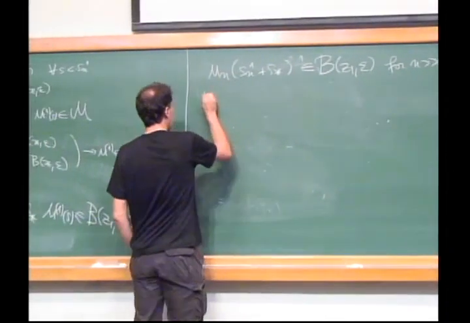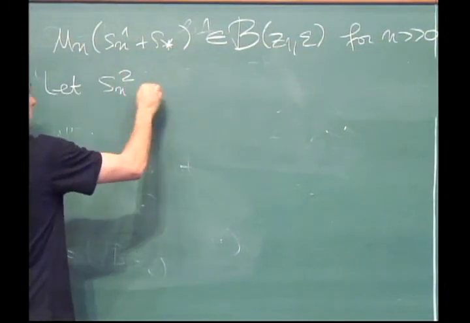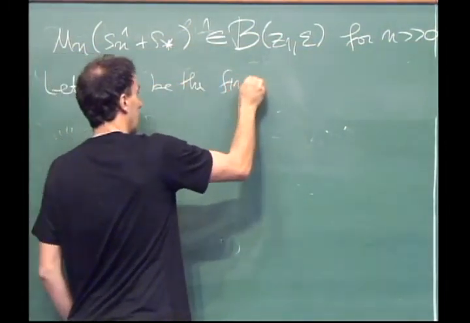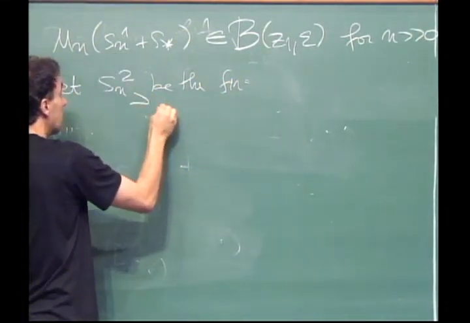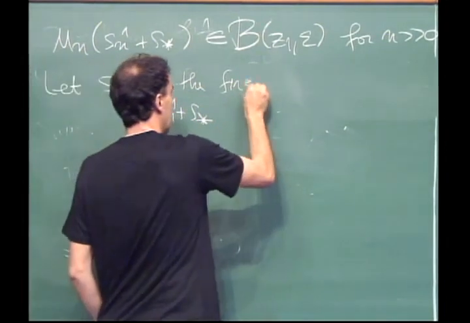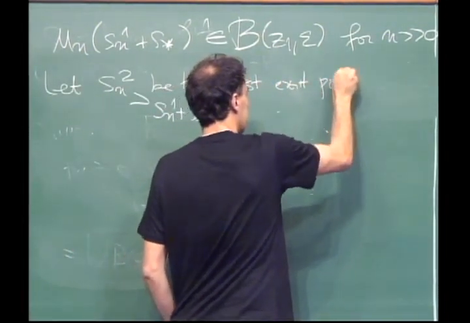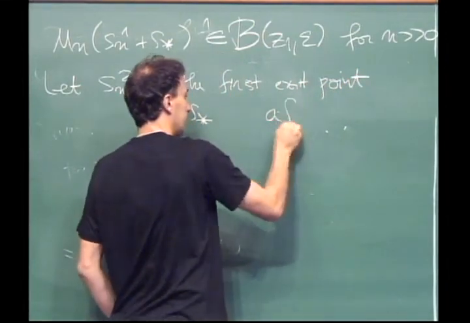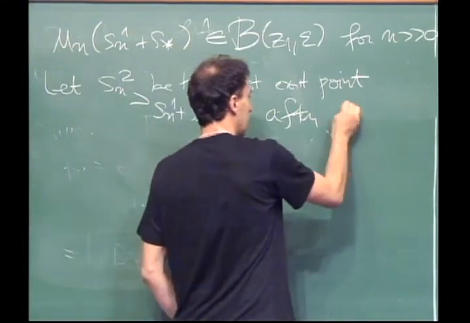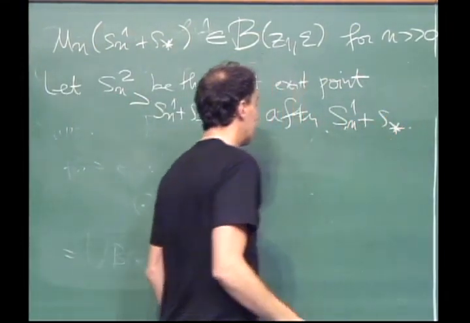So let Sn2, greater than this one, be the first exit point after Sn1 plus S star.